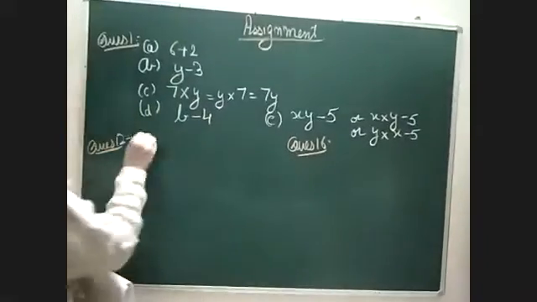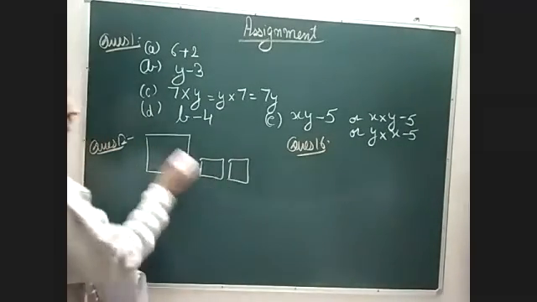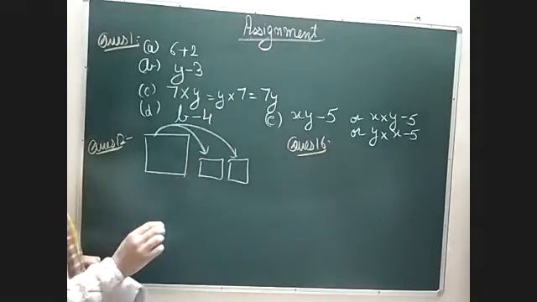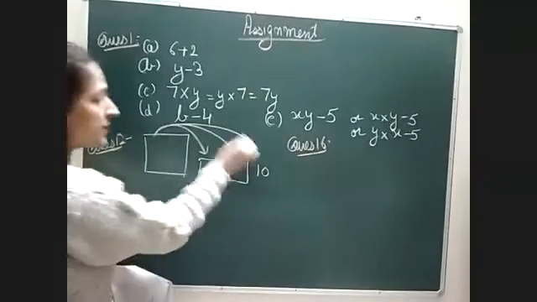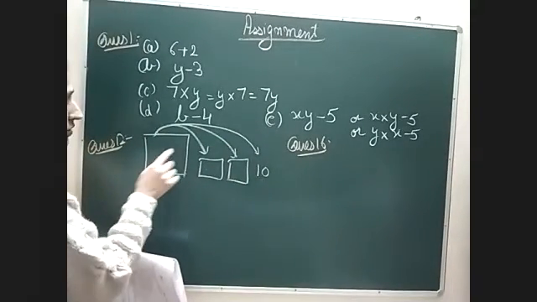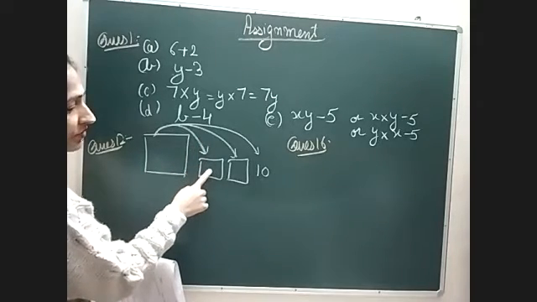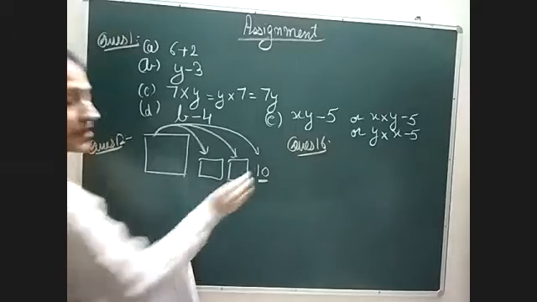Now what has happened? There is a bigger box and there are 2 smaller boxes. When eggs are shifted from the bigger box into 2 smaller boxes, then even 10 eggs are remaining. That means all 3 were here in the bigger box. When we are emptying this bigger box, then 1 small box is filled, another small box is filled, and 10 eggs are still remaining.